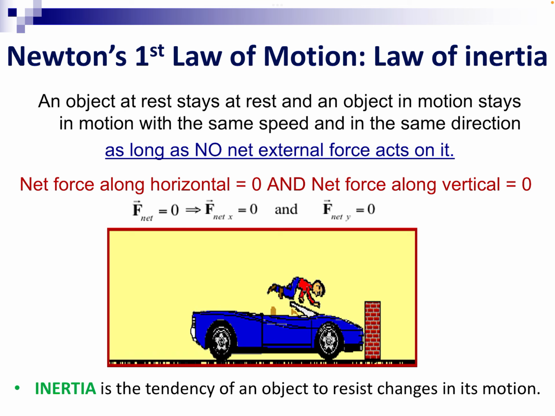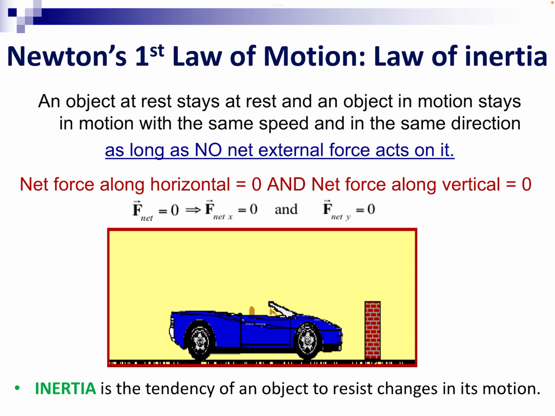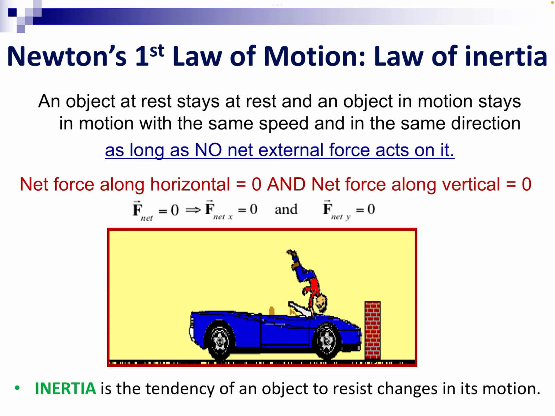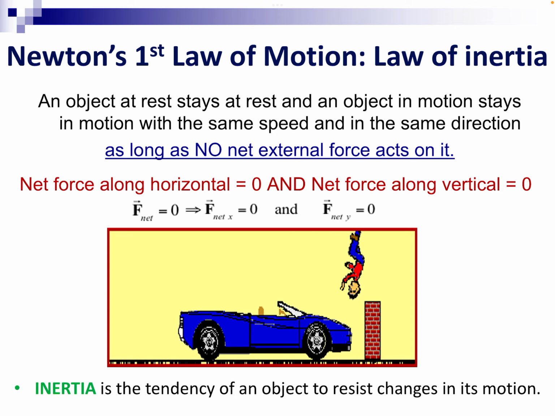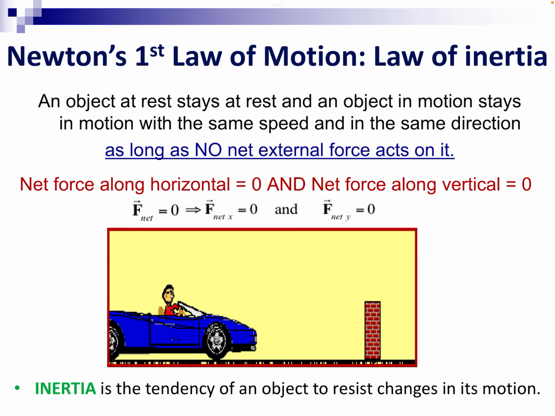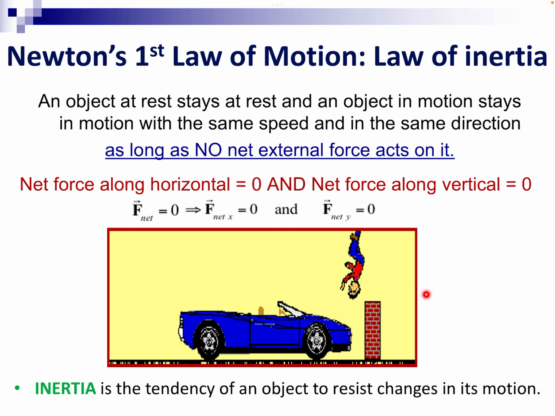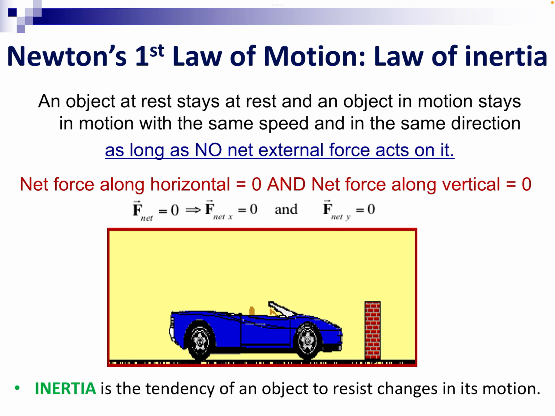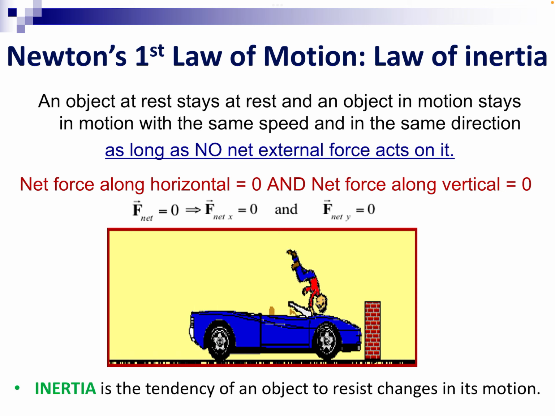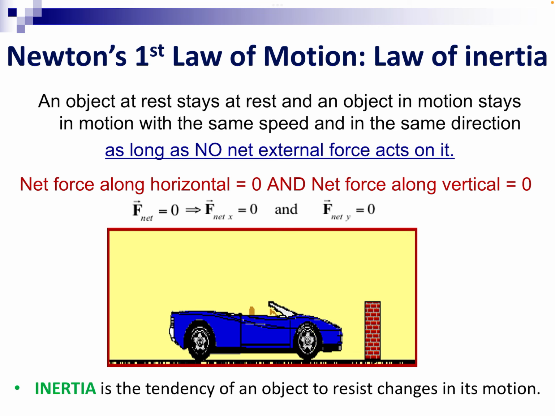If the person is not wearing a seat belt, and hence there is no external force that is stopping the motion of the object, Newton's first law of motion says that the person will continue to move in the same direction and with the same speed, because there's no seat belt exerting this external force on the person.